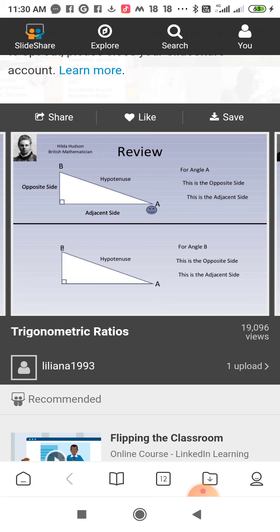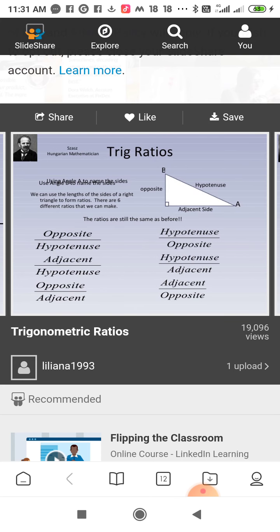One is adjacent side with hypotenuse, another is adjacent side with opposite side, then opposite side with hypotenuse and adjacent side, and hypotenuse with opposite side and adjacent side. So there will be the six trigonometric ratios, which are given as follows.